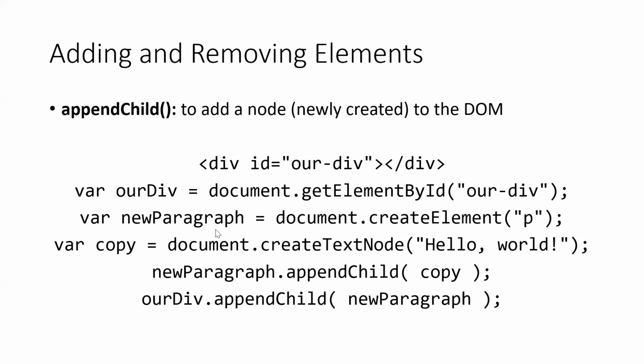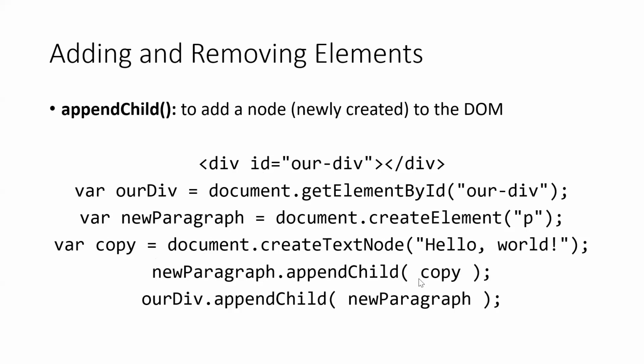And then you create a new paragraph. You say createElement p. And then you say copy, createTextNode hello world, right? And then we will say copy. Now this hello world, we are going to add to the paragraph. So that means we appendChild copy.